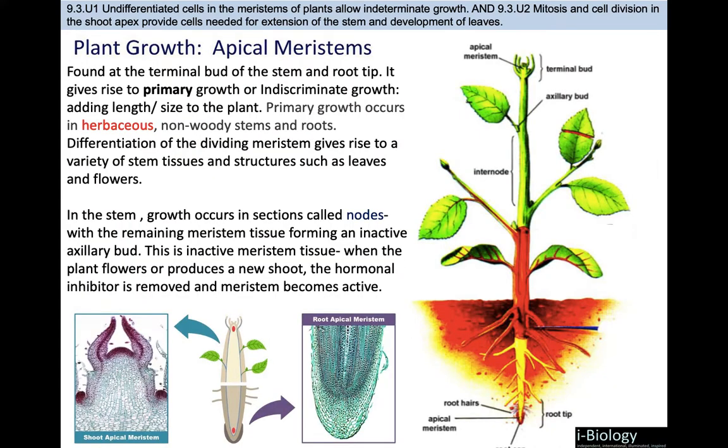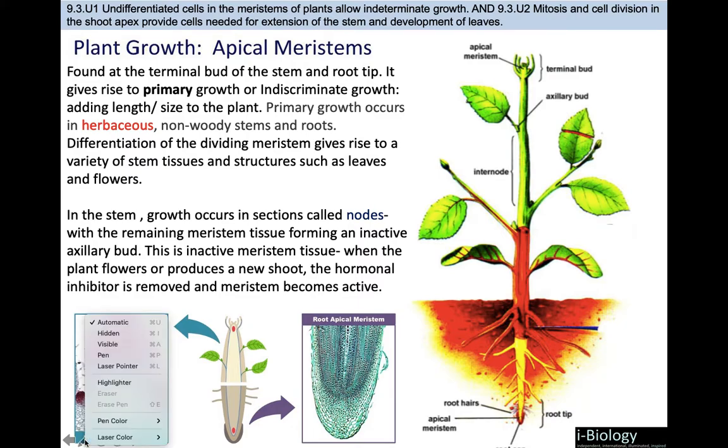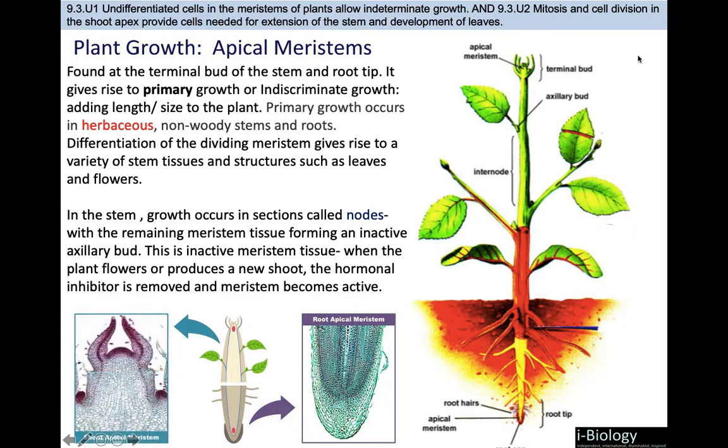So let's look at the apical meristem. The apical meristem, once again, can be found in two locations. We have the shoot apical meristem, which is found at the tip of the plant, so tip right here. And we can also find it in the root tip of the plant. You can imagine that the apical meristem in the shoot is going to cause it to grow upwards, whereas the root is going to grow downwards.